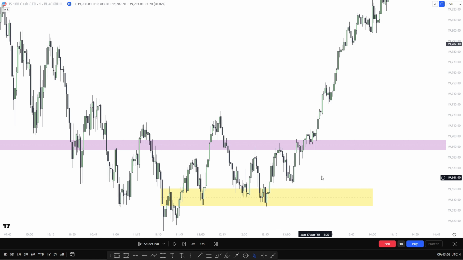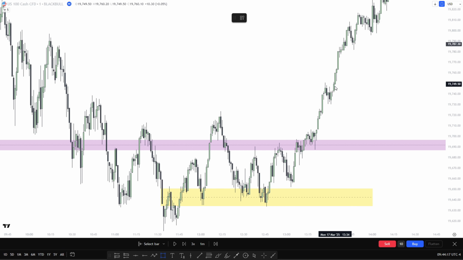So there are 3 significant fair value gaps during New York. There is the 9:31, the 11:30 gap, and the one that forms after 1:30.